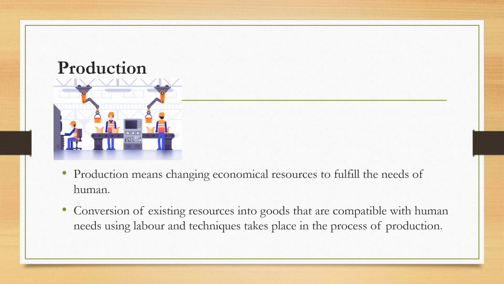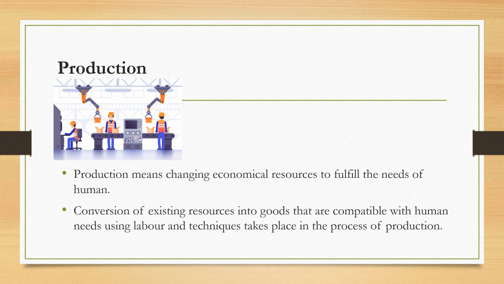Production means changing economical resources to fulfill the needs of humans. In our environment, we can see there are many resources. We cannot use the resources as they are. The resources should be changed.